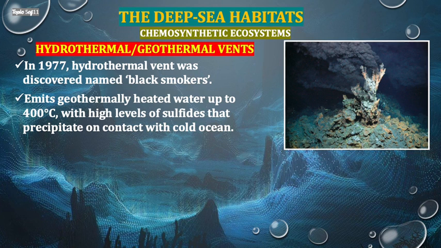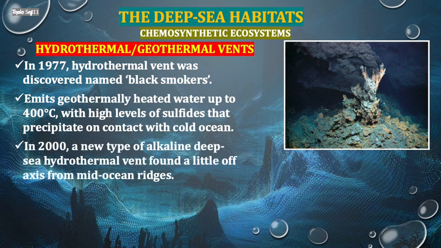This superheated fluid carries a high level of sulfides that precipitate on contact with the ocean water. This forms a mountain of precipitated chemicals on the seafloor of the vents. As you can see in the photo on the right, this shows black smoke that spills from the tectonic crack, and this one is from the mid-Atlantic ridge.